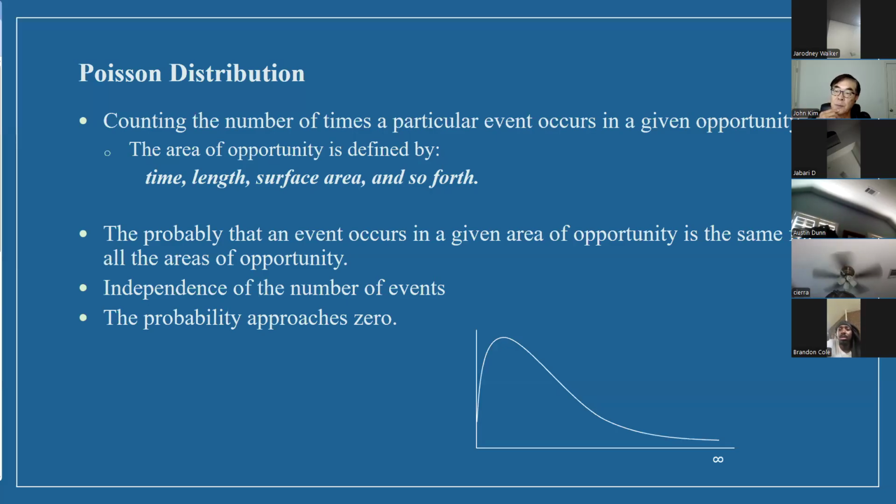Then we used the binomial distribution to find probability. The characteristic of the Poisson distribution is that it comes from counting.